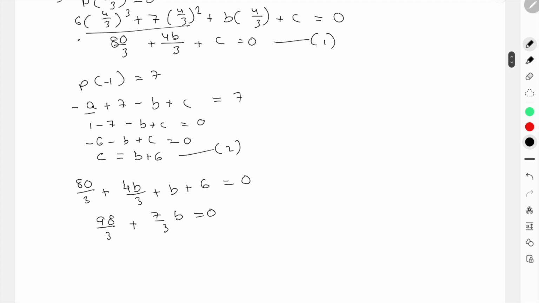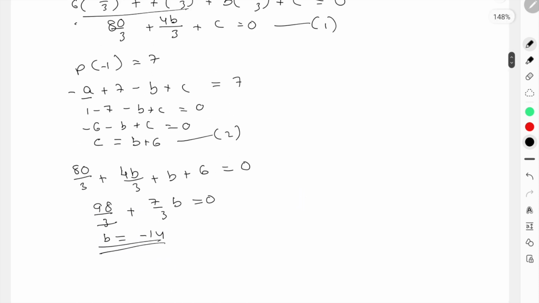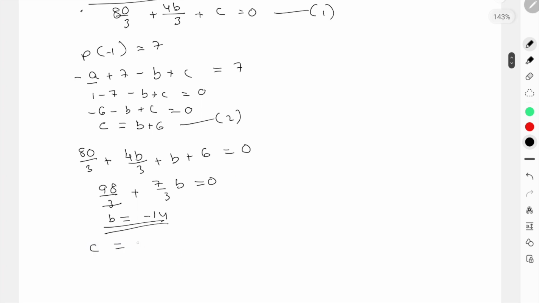So b is essentially minus 14, because when you transpose this side, you get negative 98 by 3. You can cancel the 3. So 98 by minus 7 is minus 14. So b is minus 14. And then c is basically minus 14 plus 6, and that's minus 8. So c is minus 8, and b is negative 14.